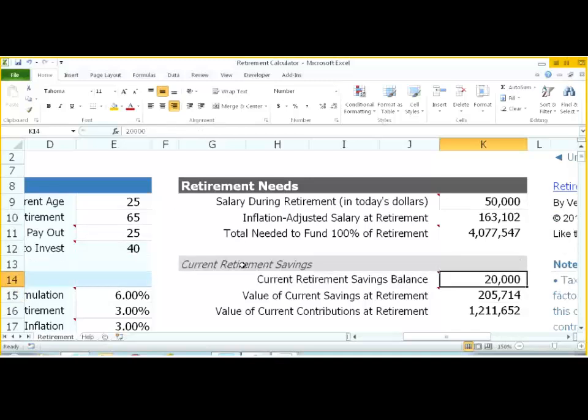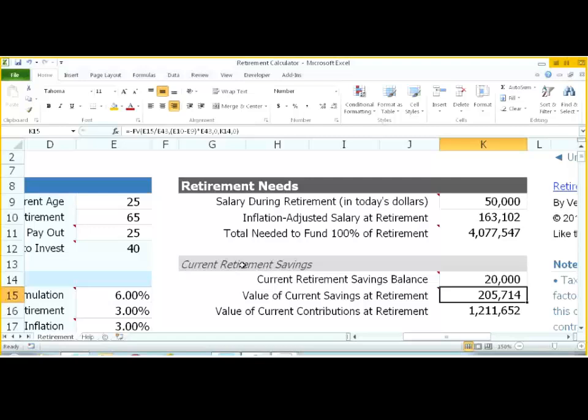What this is saying is right now we start at 25 years old, and we've saved $20,000. If you just took that $20,000 and stuck it in an account at 6%, when you retire 40 years later, you've got $206,000. We did that calculation. Remember, if I put this amount of money in and don't add anything to it, what's the amount after?